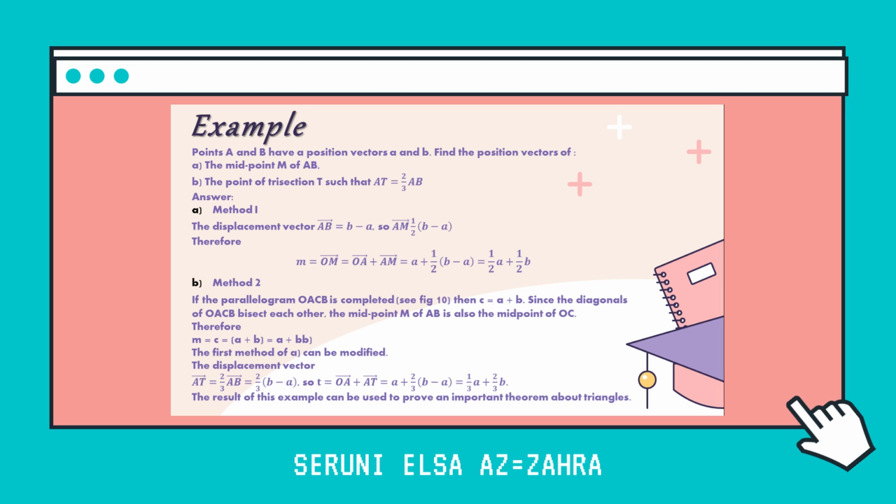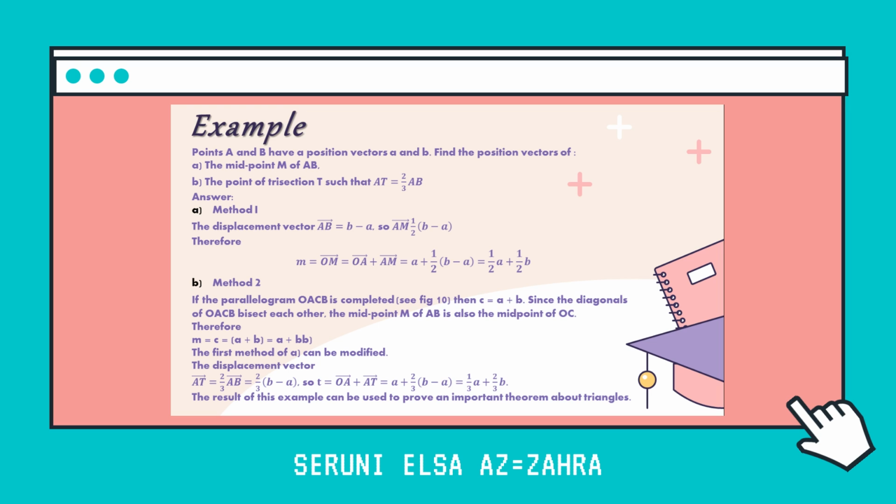Answer (i) Method 1. The displacement vector AB equals b minus a, so vector AM equals 1/2 (b minus a).